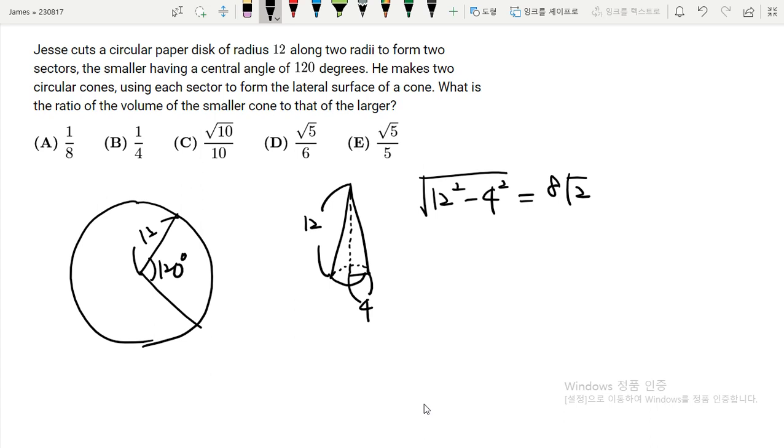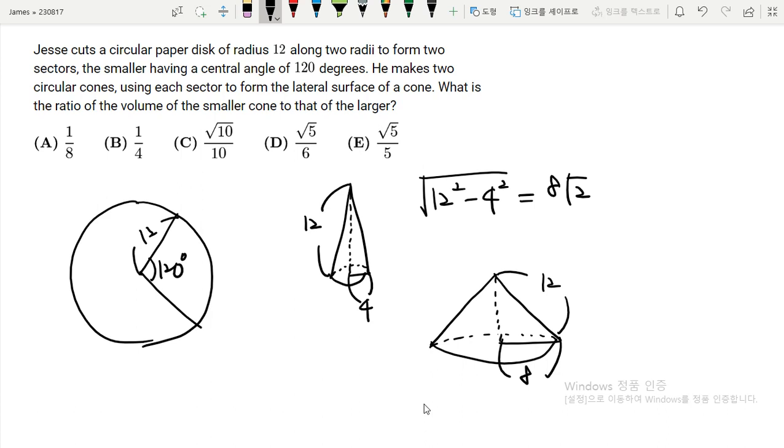And then for the remaining part, we can make another cone like this. So once again, the slant height is 12, and for the big sector, the arc length is 16 pi. So that means the radius is 8.